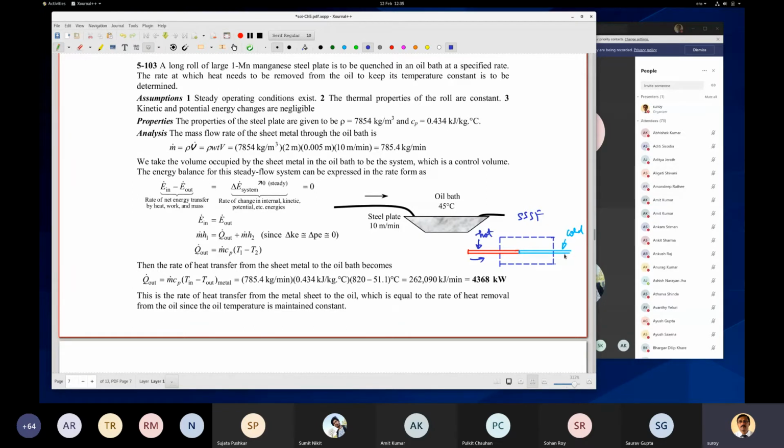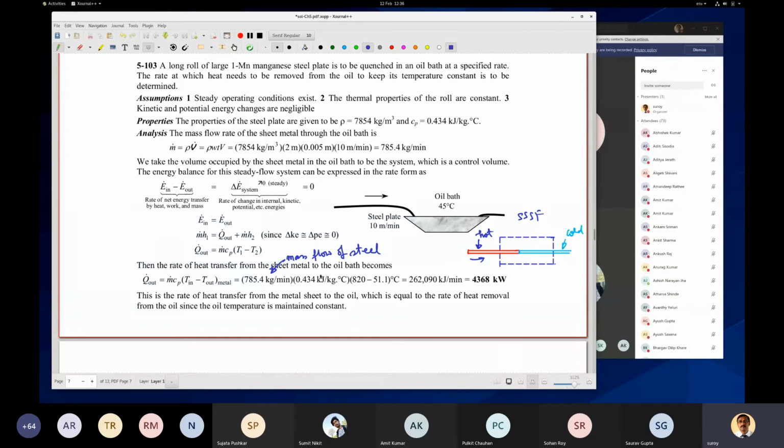So therefore, this is the mass flow of steel, in kgs per minute.